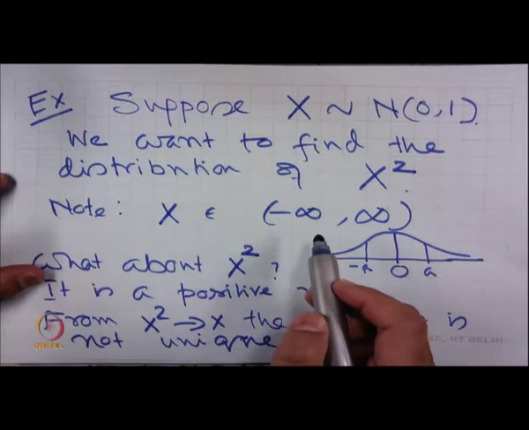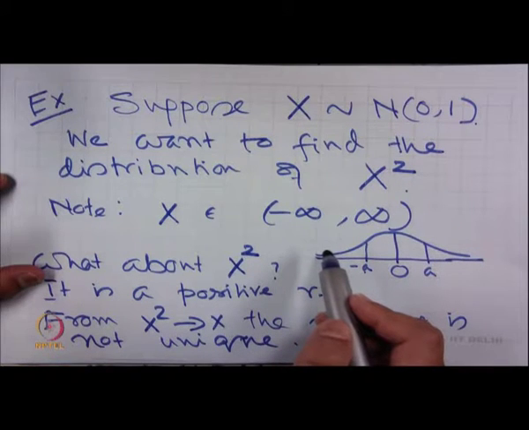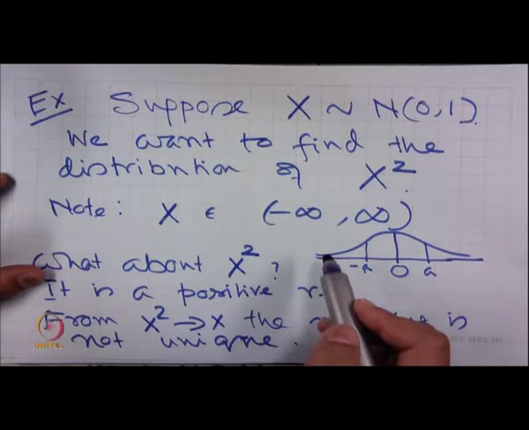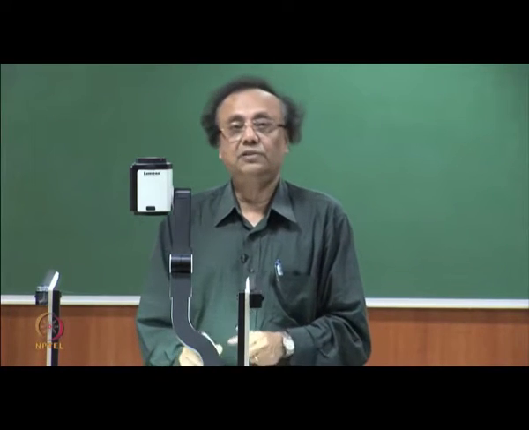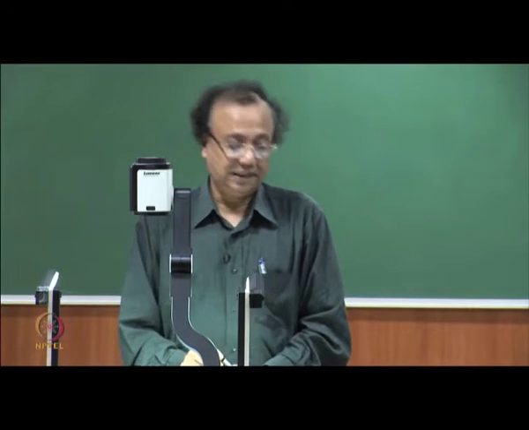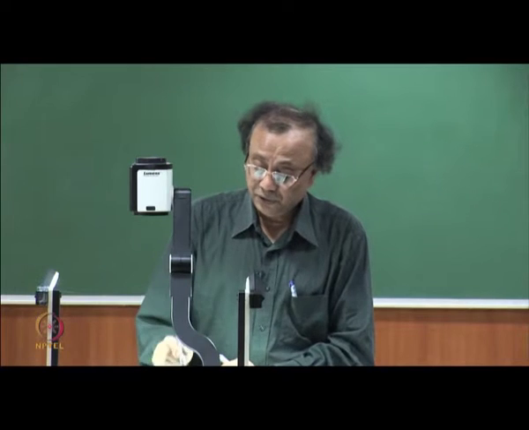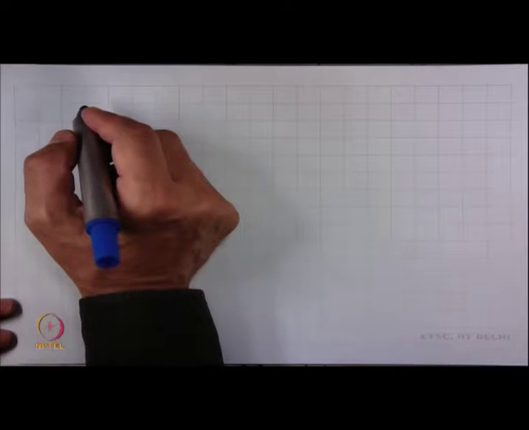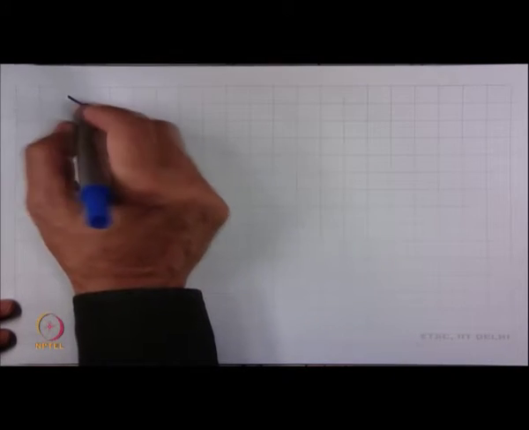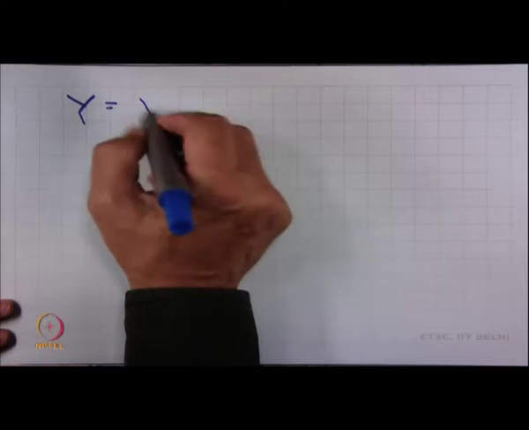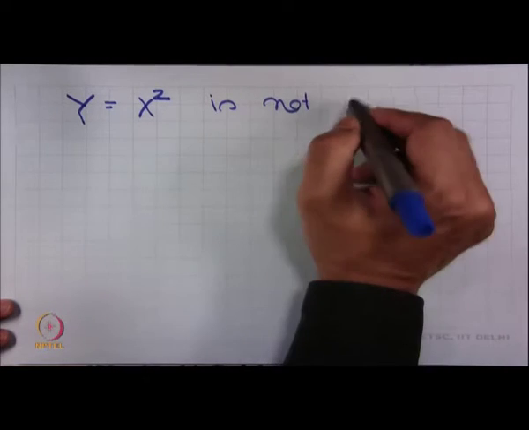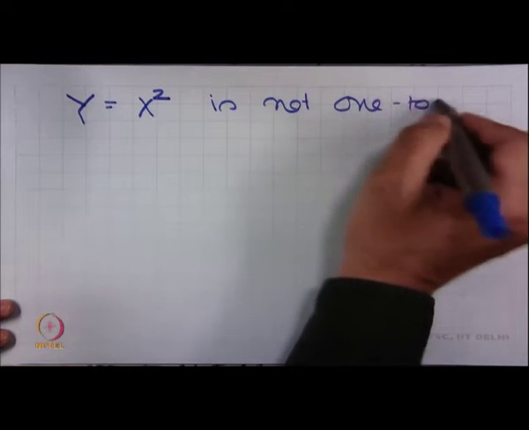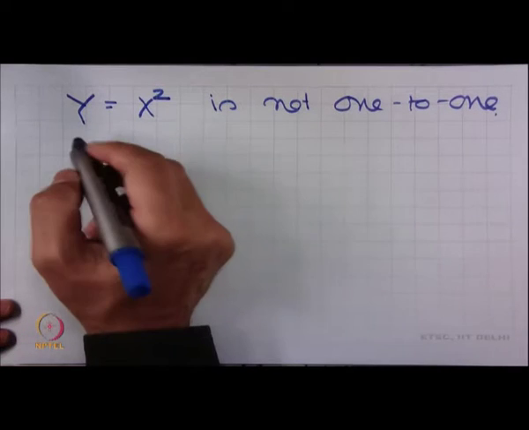In this case y is equal to x square, the function is not monotonically increasing, and therefore, this theorem does not hold as such. So, what do we do? We make a small adjustment. Y is equal to x square is not 1 to 1.